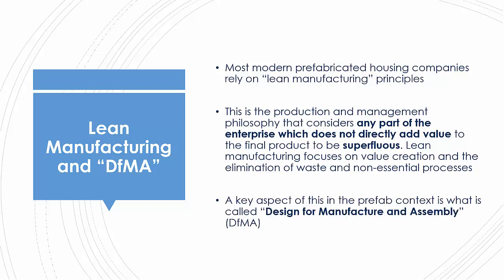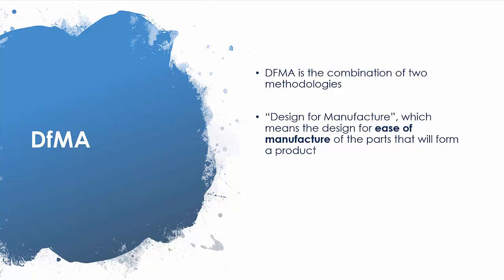A key aspect of this, in the prefab context in particular, is what is called design for manufacture and assembly, or DFMA. And what is this DFMA, in case you haven't come across it yet? It's the combination of two related methodologies. Design for manufacture is the first part, which means designing for ease of manufacture of the parts that will form a product.